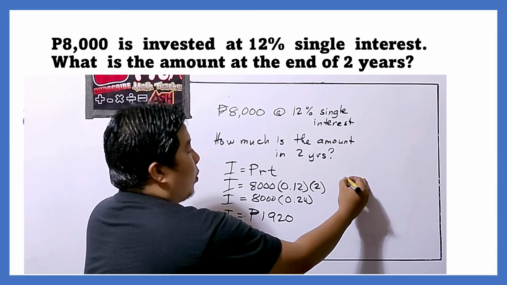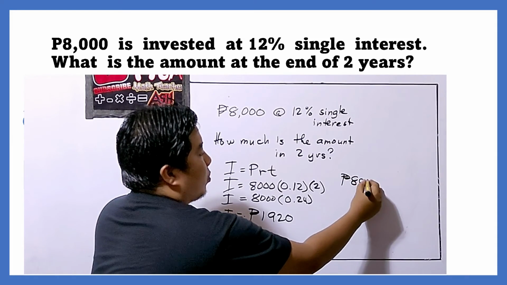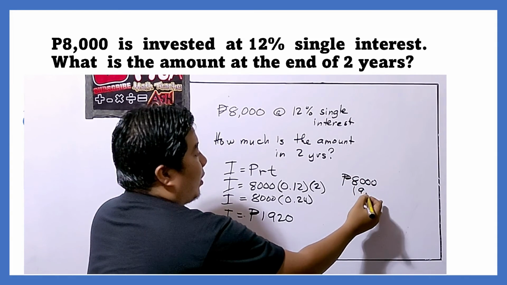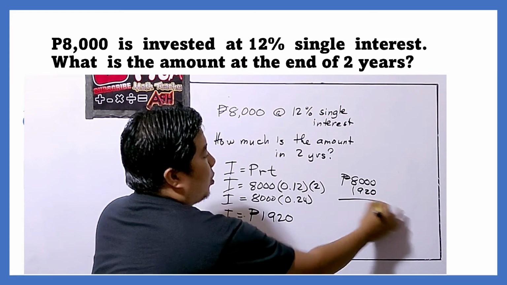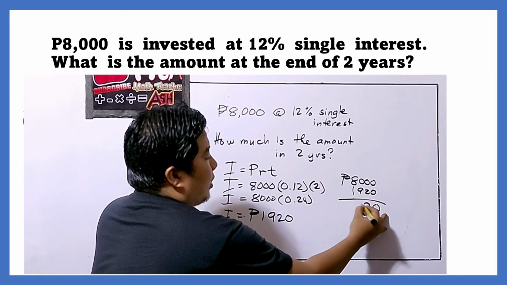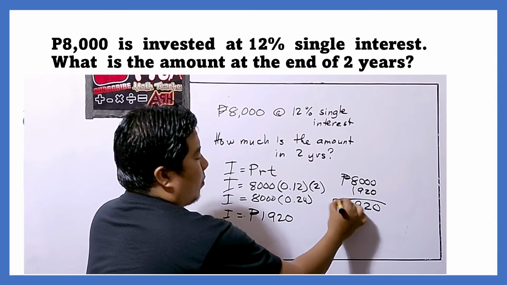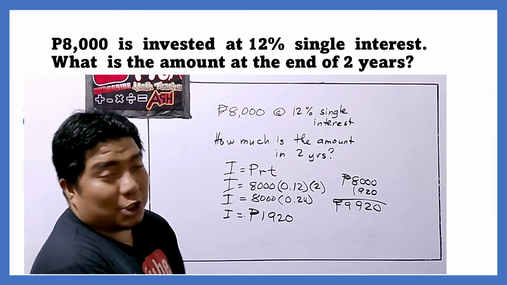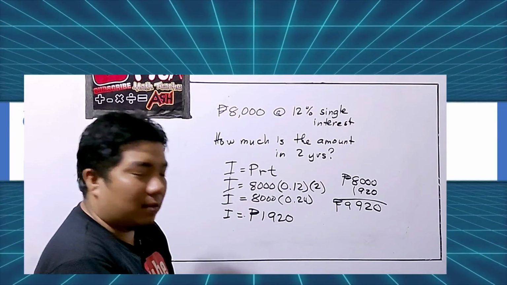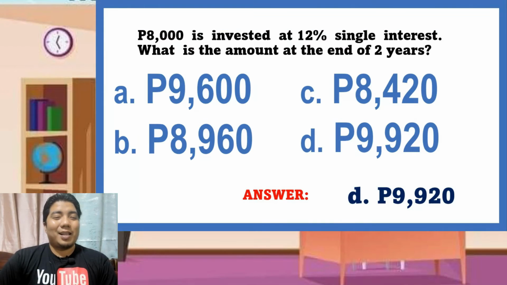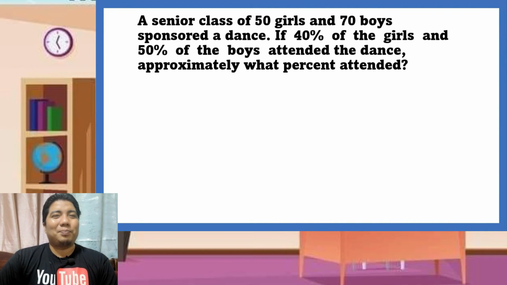What you will do is you add this 8,000, which is your principal, to your 1,920, which is the interest, and you will now receive this much. Easy, right? And the correct answer is letter D, 9,920 pesos. So easy, right? Now, let us go to the next problem.